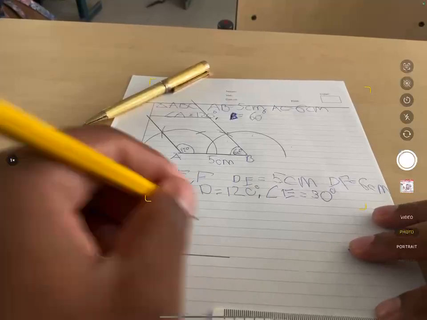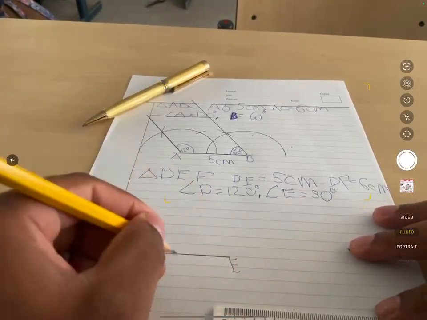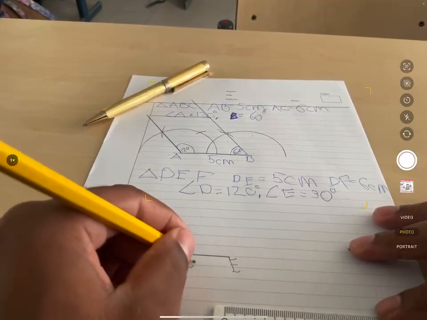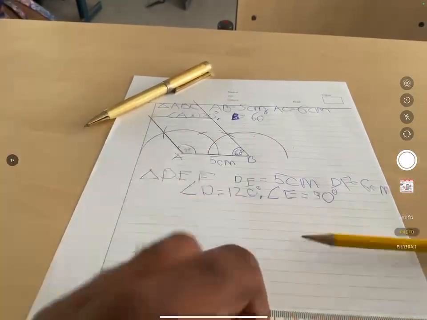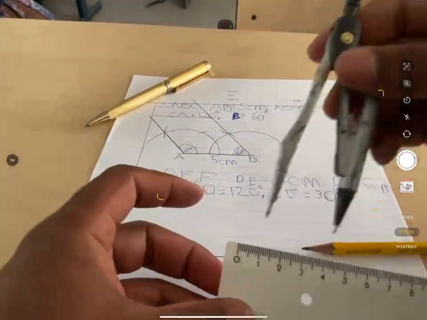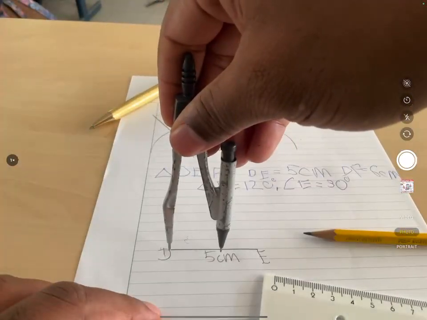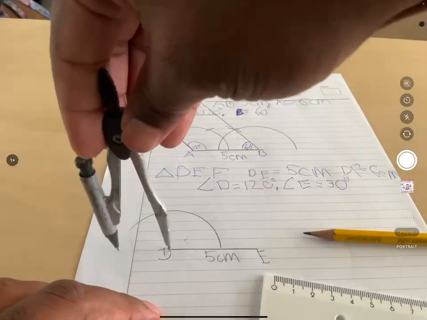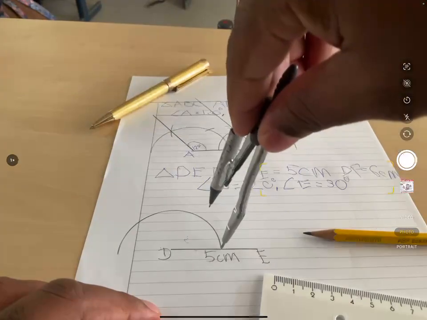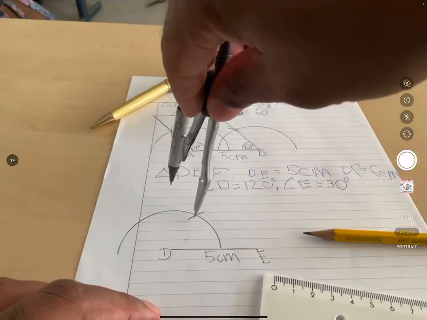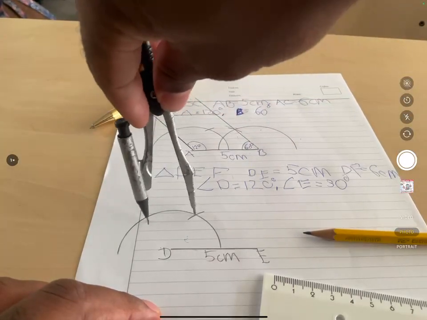That is DE. 5 centimeters. Compass always at 3. There we go. That's 1. 2.